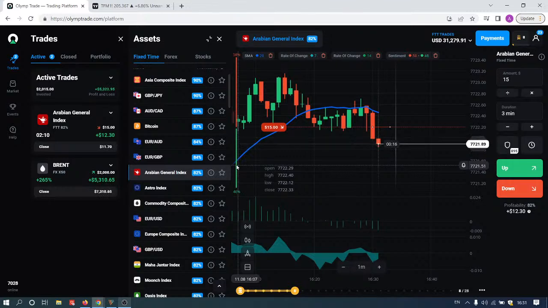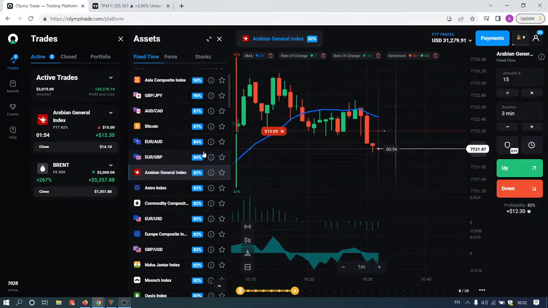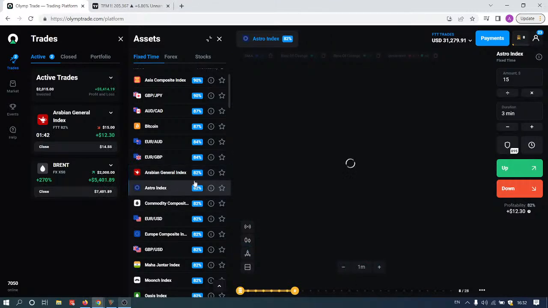You could have a certain sequence of winning trades followed by a certain sequence of losing trades. But in general, if you manage to have 55 to 65% winning trades, backed up by proper money management and risk management, then for sure you will be a profitable trader. So it's a little bit counterintuitive.